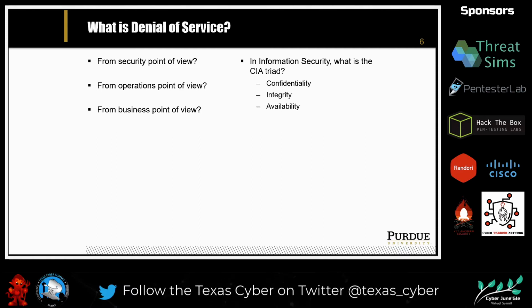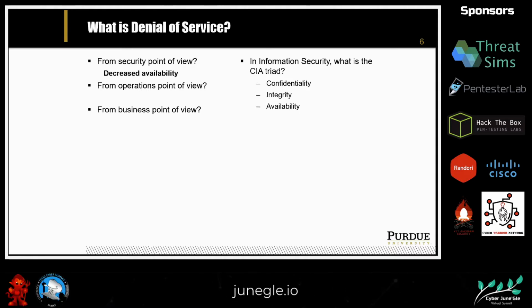So from a security point of view, we are going to be breaching which one of the 3? It would be availability. So DDoS is a security event, though it is not the type of security event we're used to talking about. Many people talk about breaches, data leaks, and so on. However, in this case, we have decreased availability.